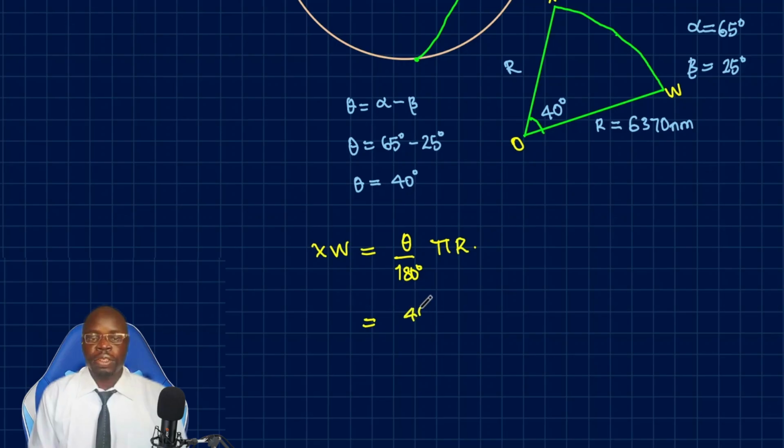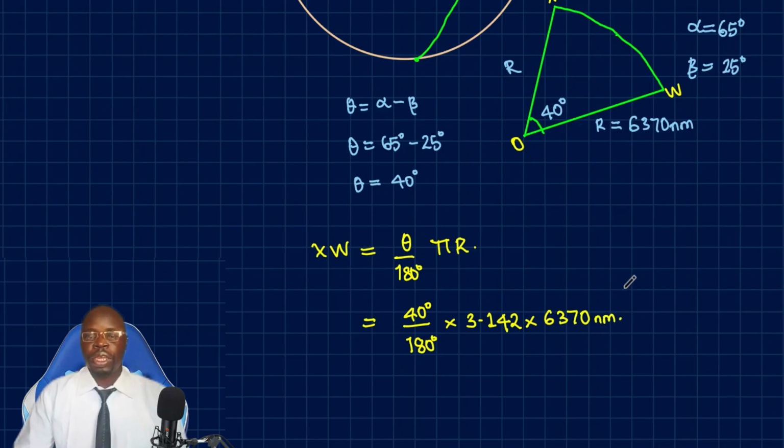Our theta is 40 degrees, then 180 degrees times the value for pi, according to the question specification, is 3.142, and we multiply it by the radius of the Earth as 6,370 nautical miles.